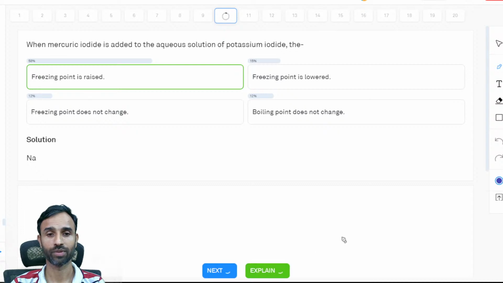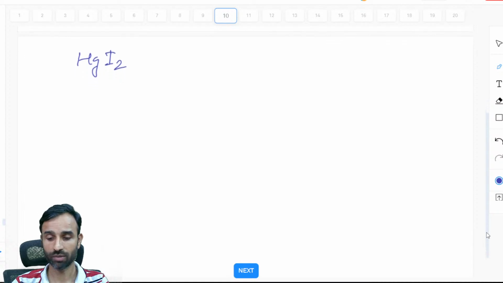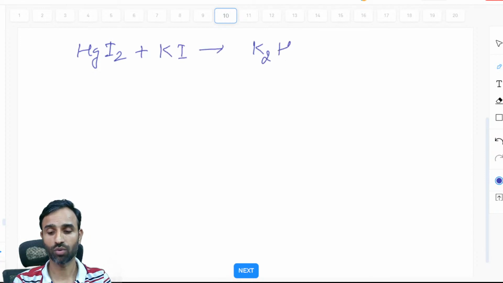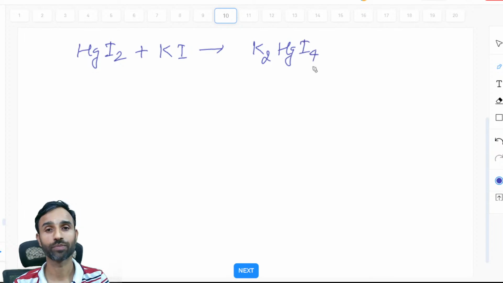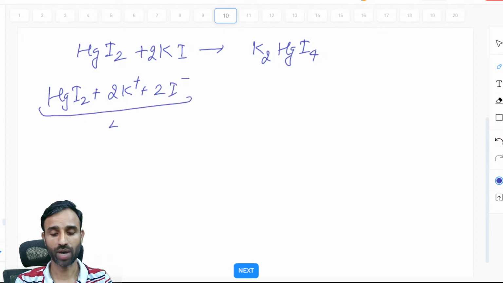Okay, so beta, mercuric iodide is HgI2. So when this mercuric iodide is added to KI, it will give K2HgI4. So that means 1 HgI2, 2 K plus and 2 I negative. Total 5 particles combine to give 3 particles.